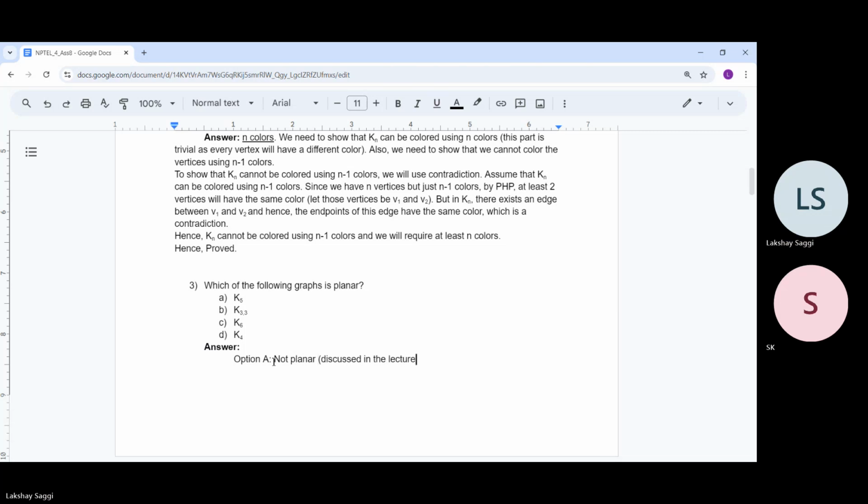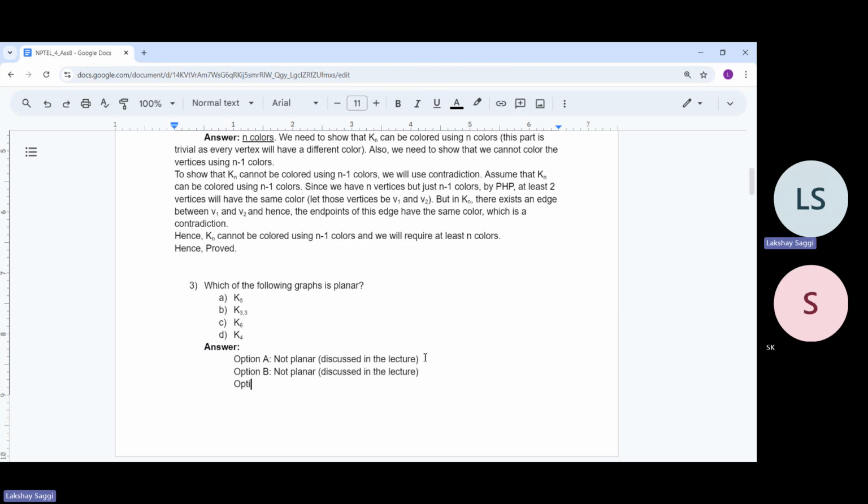Similarly, option B, the graph K3,3, has also been discussed as not planar. So for these two options, we know exactly that these two are not planar.